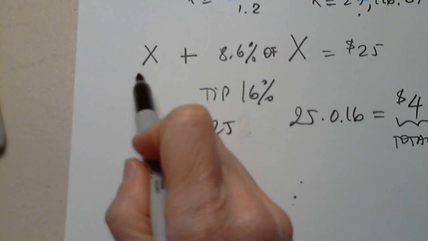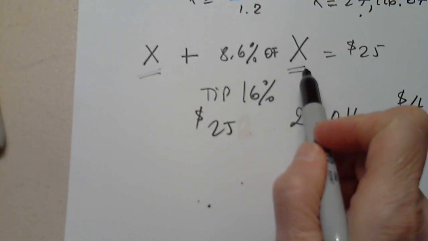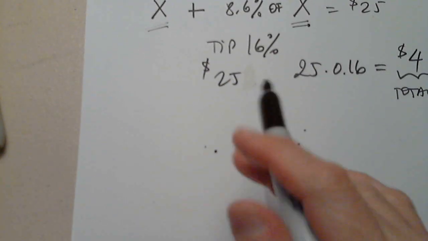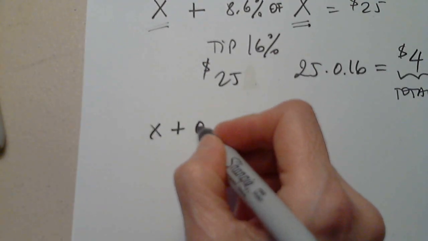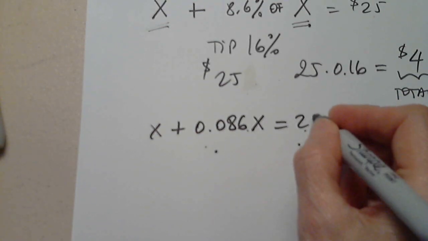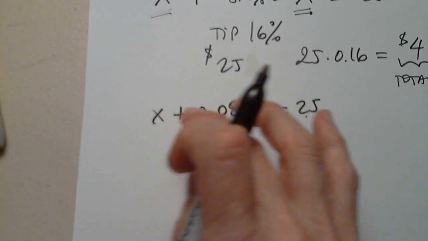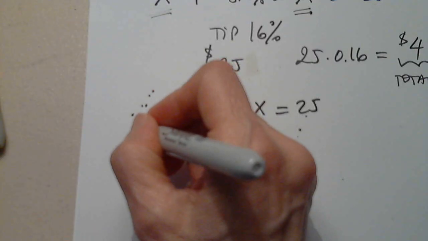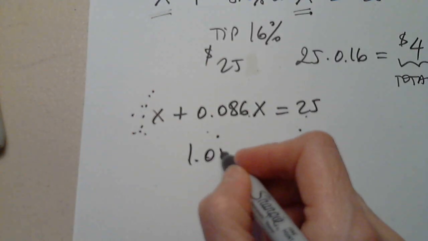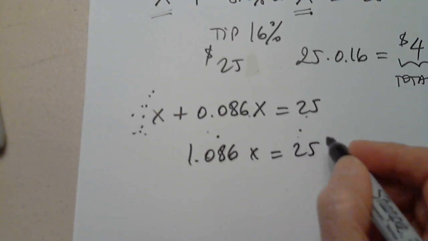Now, if we want to determine the price per sandwich before tax, then we will write X plus 0.086 of X equals 25. When we add these, remember there is always a 1 in here. 1 plus 0.086 is 1.086X equals 25.